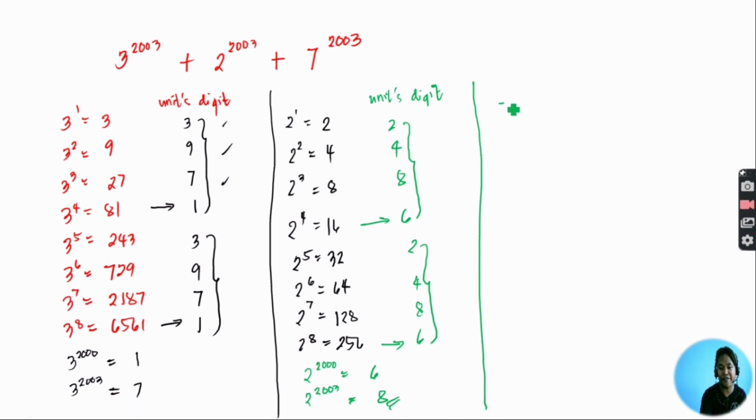So yan po. So last tayo, for 7. 7 raised to 2003.